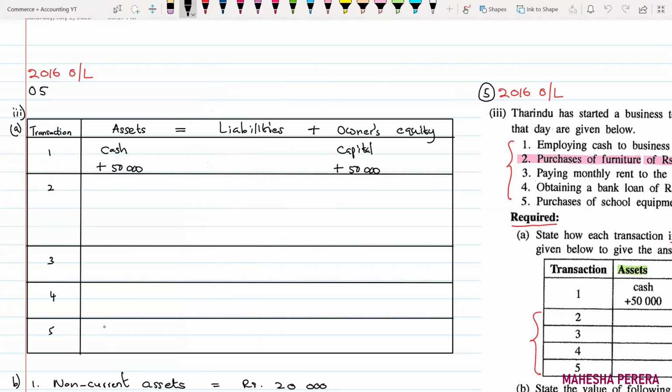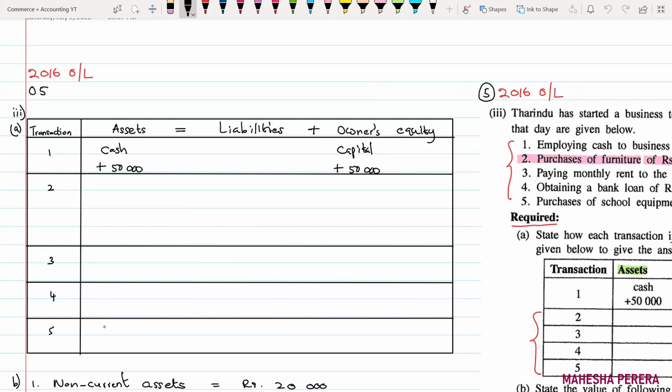So when the business purchases furniture on cash basis, business's cash decreases, business's furniture increase, right? Okay. So the value of furniture increases, the value of cash decreases.